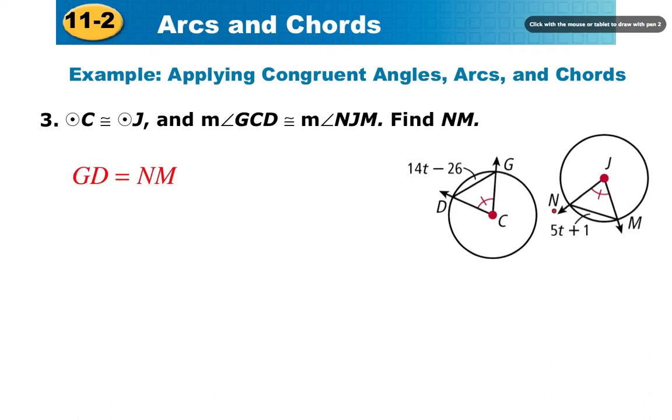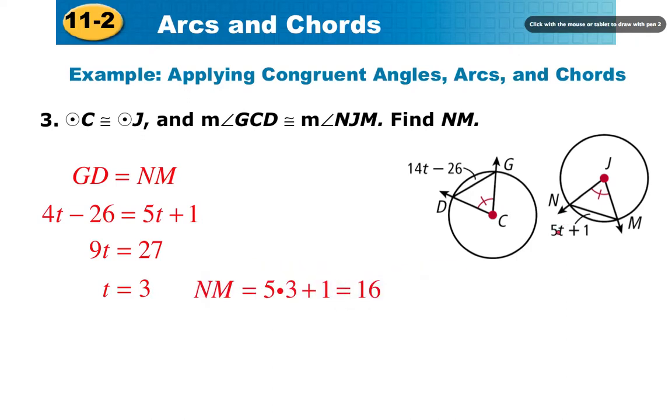So at this point, all I'm going to do is substitute, do a little bit of algebra, and I get t is equal to 3. Once I have t, I can find NM very easily by substituting 3 for t, and then I get 16 as my answer.